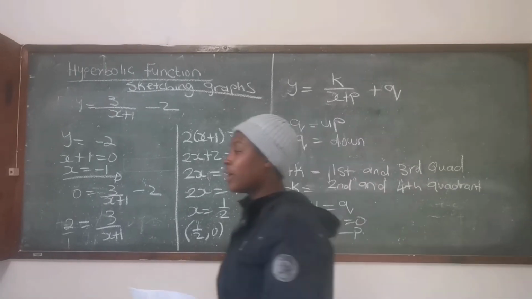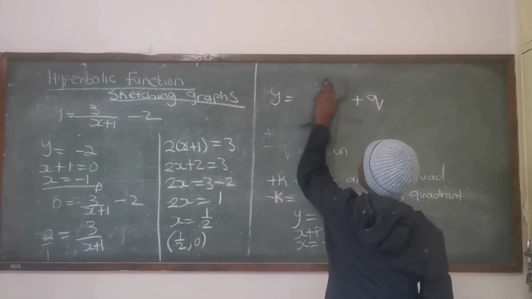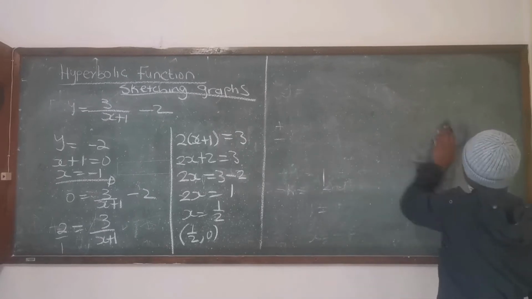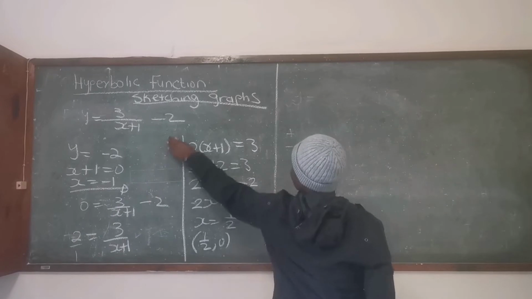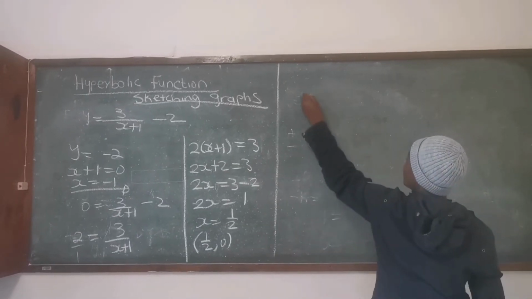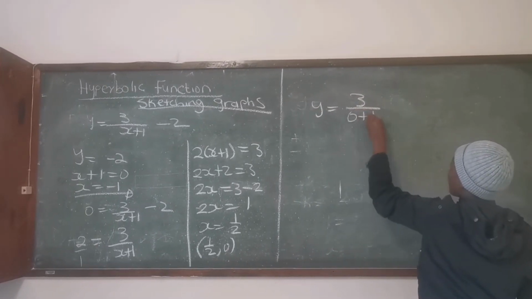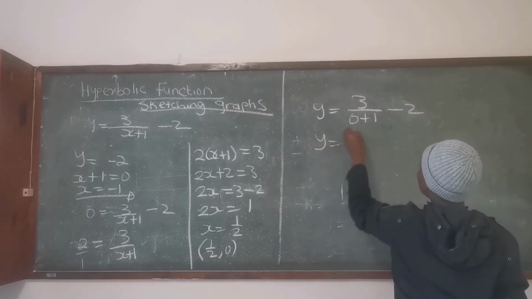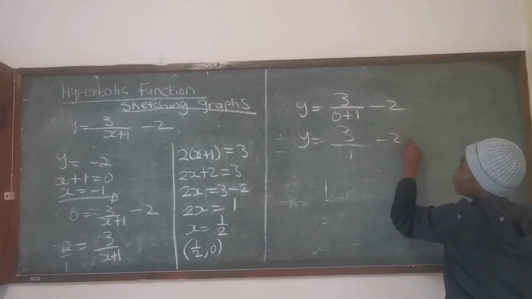So now let's find the y-intercept. For y-intercepts, we let x be equal to 0, right? So here is our formula. Where we see x, we're going to replace x with 0. So we're going to have something like this. And then y will be equal to 3 over 0 plus 1, which is 1, minus 2.